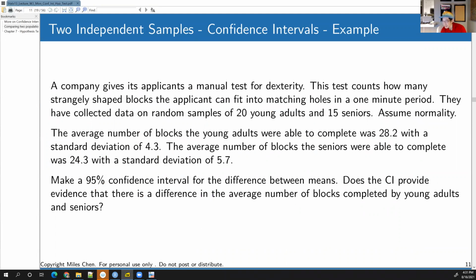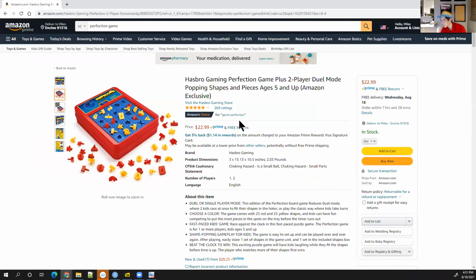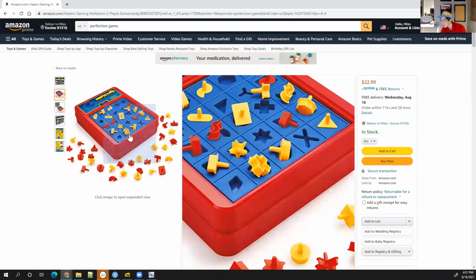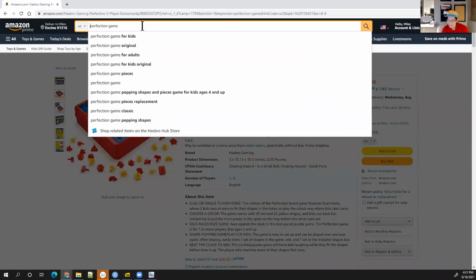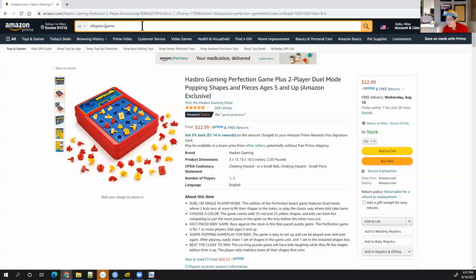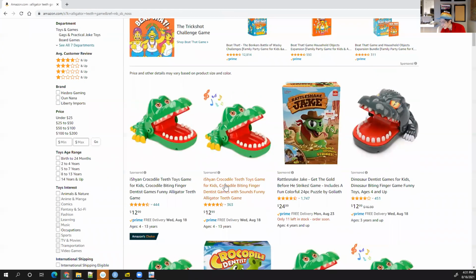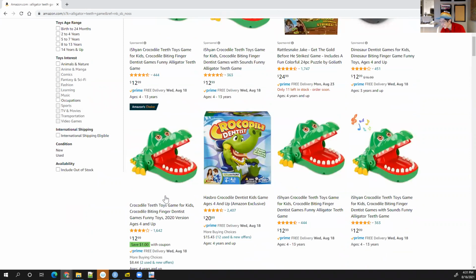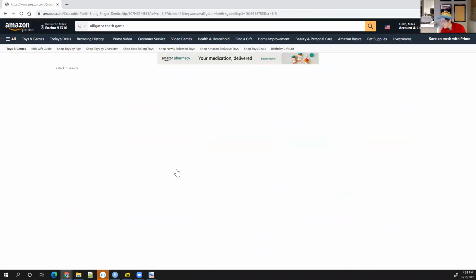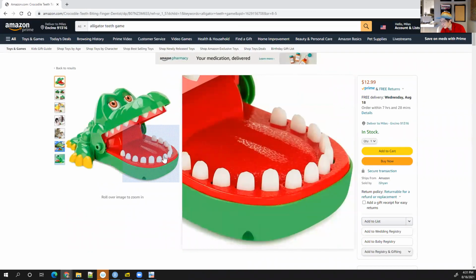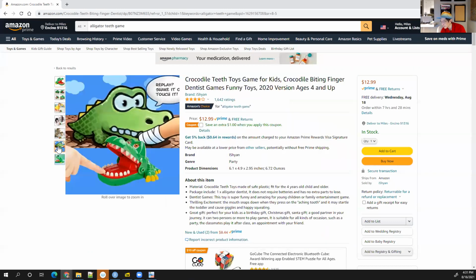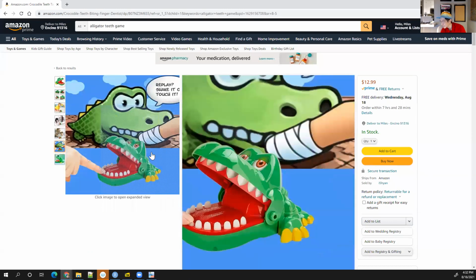Can I look up the alligator teeth game too? All right, were we just browsing Amazon today? Okay, so here's the alligator teeth game. You try to, it randomly triggers the thing to snap down and bite your hand.